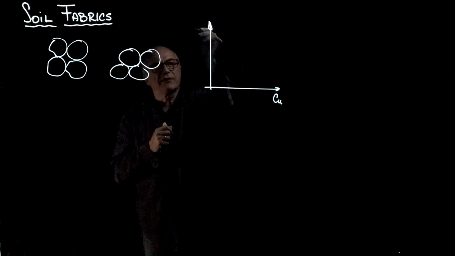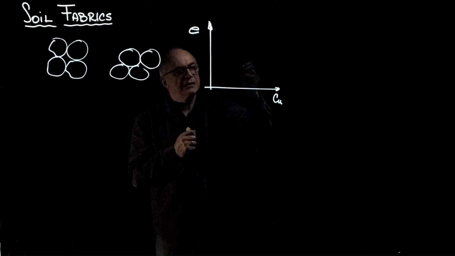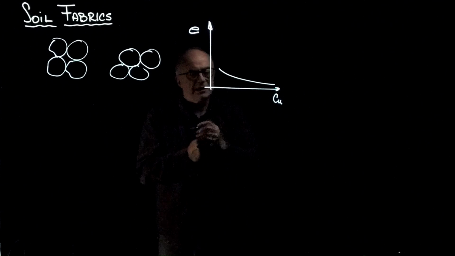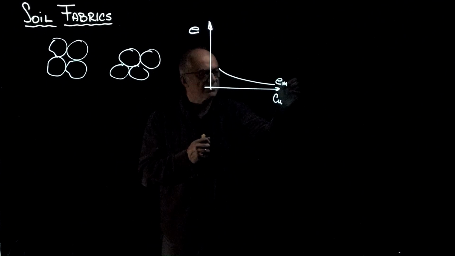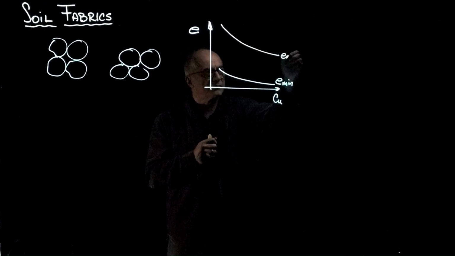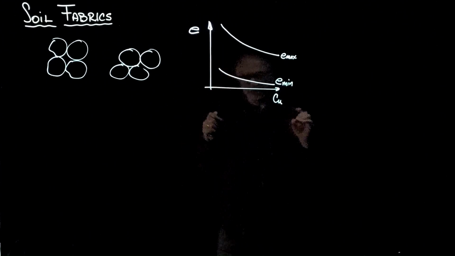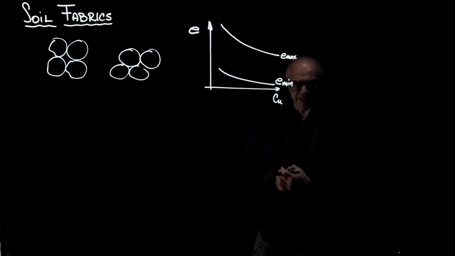So if I plot void ratio here, the void ratio will decrease with the coefficient of uniformity, whether that is the minimum void ratio or the maximum void ratio. And that is why the coefficient of uniformity is such an important parameter in soil classification.